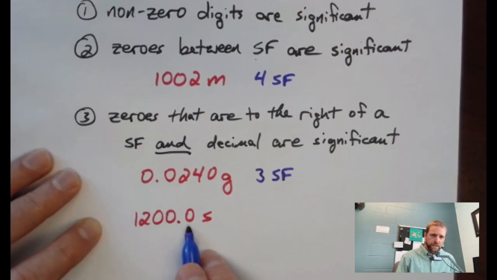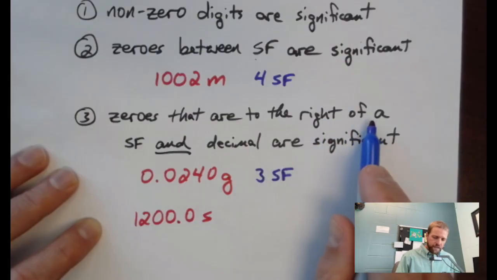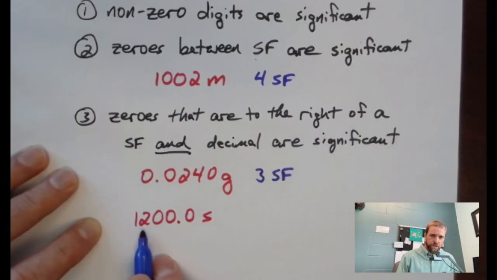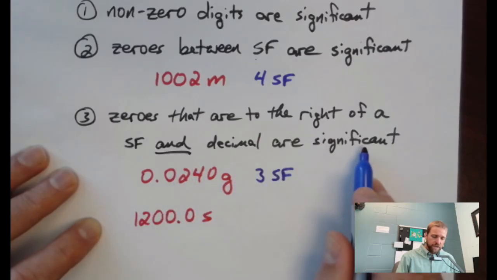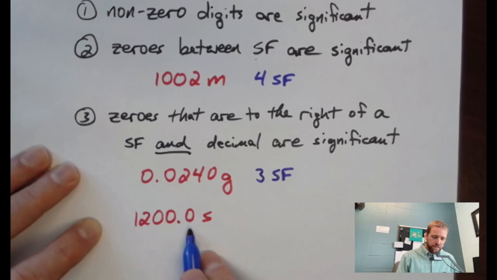Let's look at this one. This one is to the right of a significant figure. Notice there's a 2, and then I have that 0. And it's to the right of the decimal. So this 0 is significant.